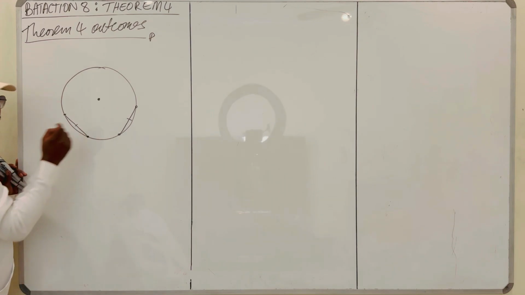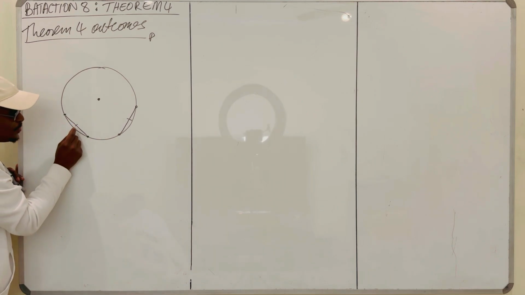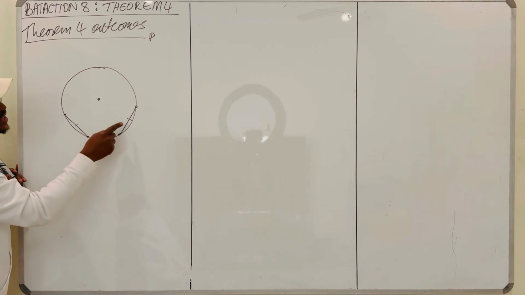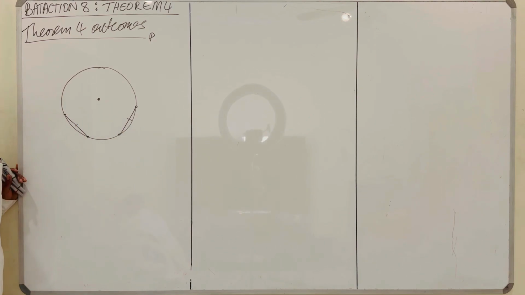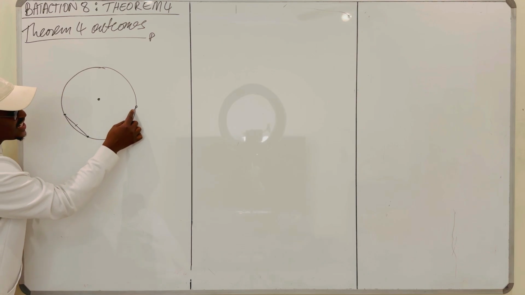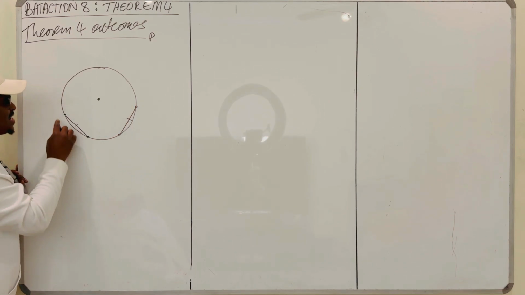This chord and this chord, these 2 chords are congruent. Right? Yes. So, this chord splits your circle into 2 parts, into 2 segments. This major segment and the minor segment. This one does the same thing, splits the major segment and the minor segment. I'm saying now, the major segment of this chord will be this chord and the major arc.